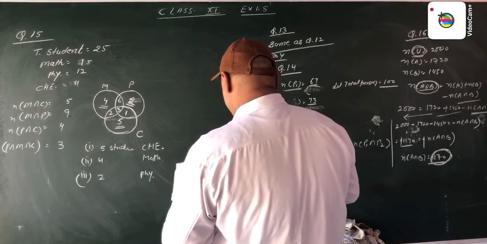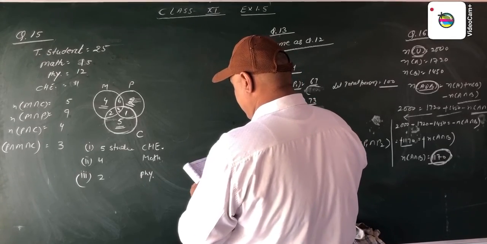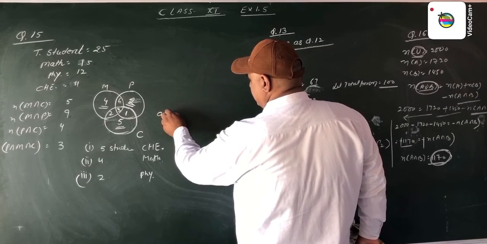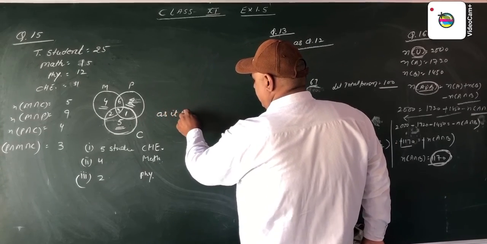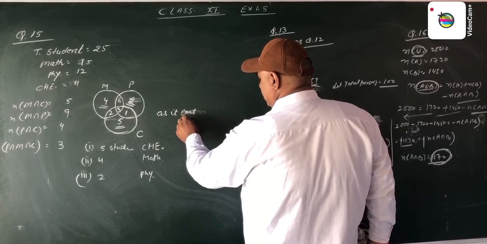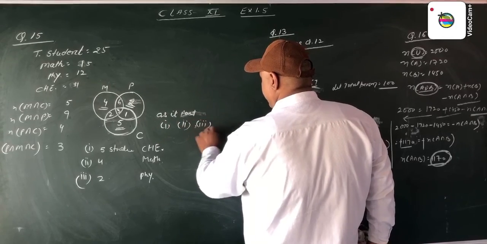And this is the fourth part. Now we discuss the fifth part and sixth part, as it is like this. First and second and third. This is your exercise 1.